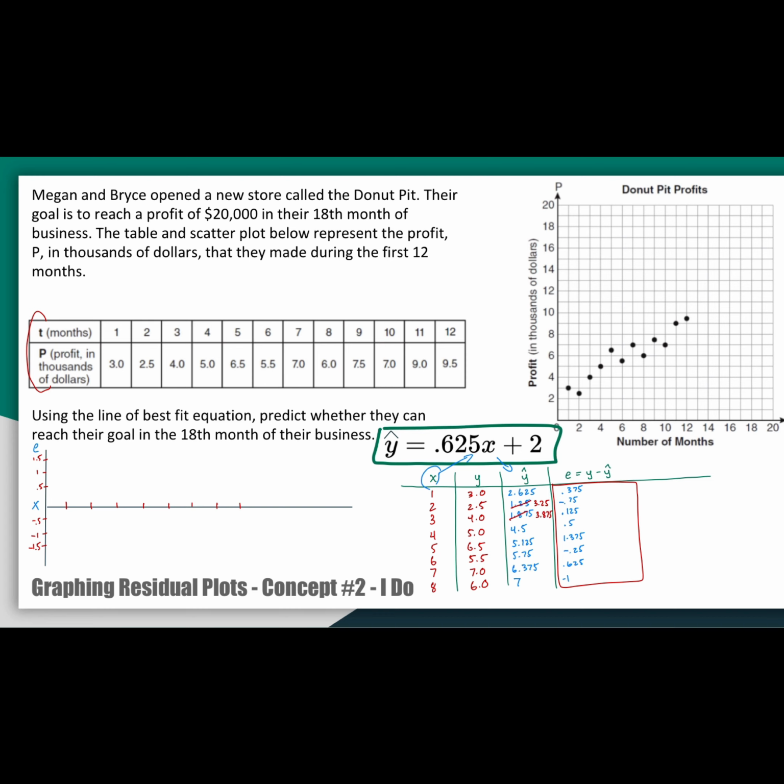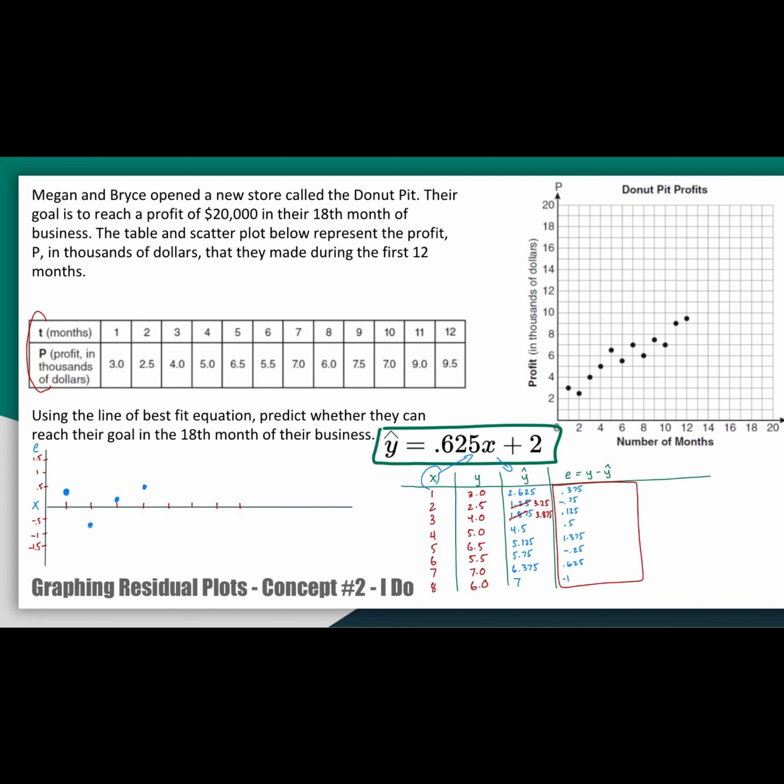And I'm just going to do the best that I can to graph these. So at x is 1, it was 0.375, so that's probably right here. Then at 2, we're at -0.75. At 3, 0.125, a little bit above. Then 0.5, a little bit higher. Sorry, let me make these a little bit more prominent.